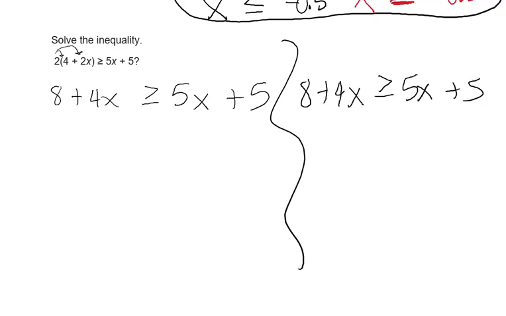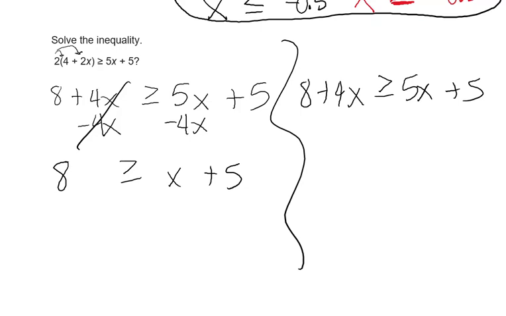I could either subtract 4x from both sides and leave me with 8 greater than or equal to x plus 5, or I could subtract 5x from both sides, and that would leave me with 8 minus 1x is greater than or equal to 5.